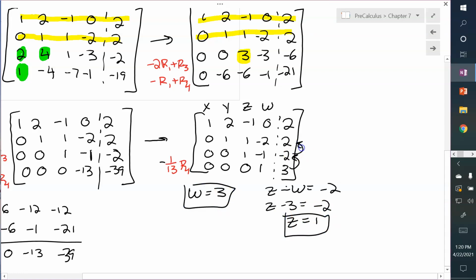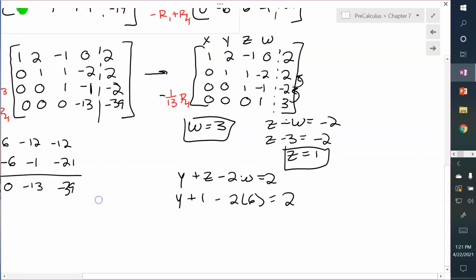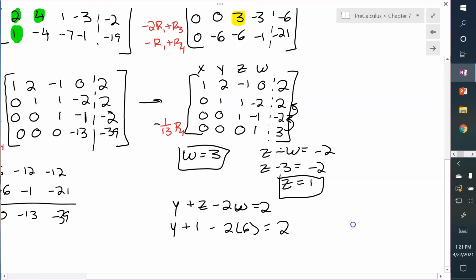Backwards substitute again into here. Y plus Z minus 2W equals 2. So Y plus 1 minus 2 times 6 equals 2. So minus 12. And I have a mistake here.